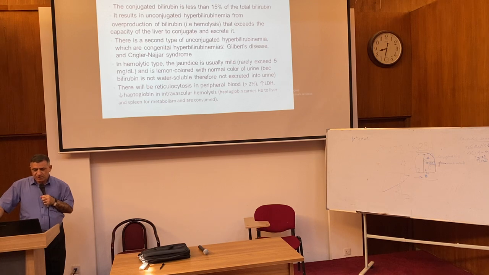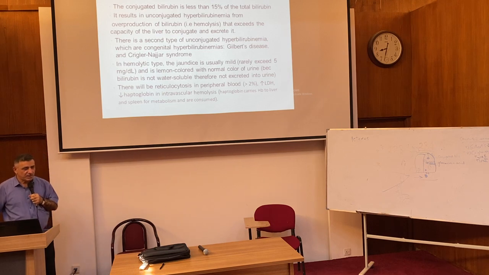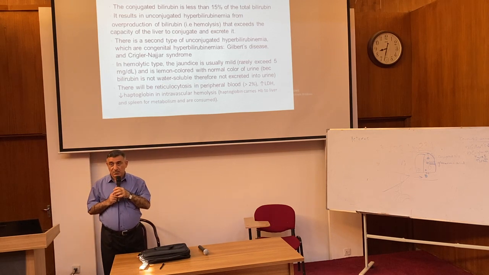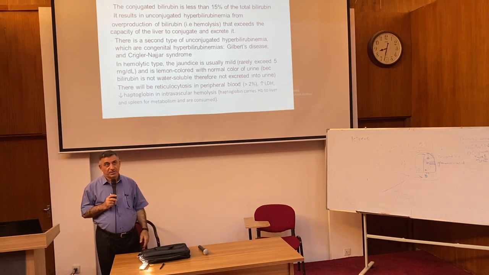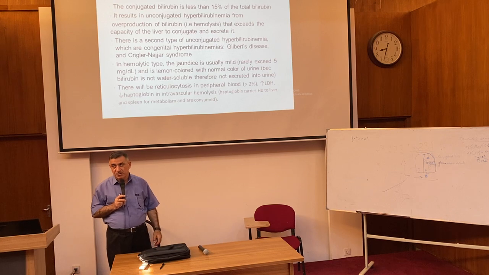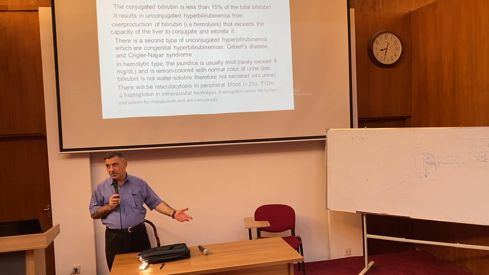There will be reticulocytosis. Why? Reticulocytosis means an increase in the reticulocyte count. The body wants to compensate for the loss of the RBC. Young immature RBC are called reticulocytes.